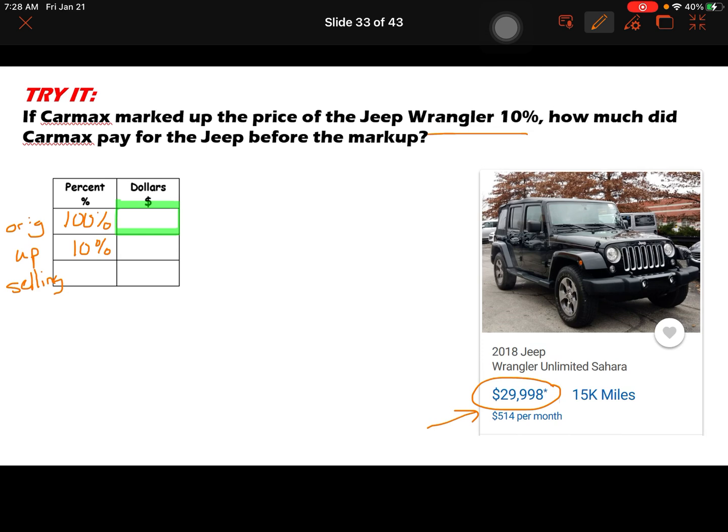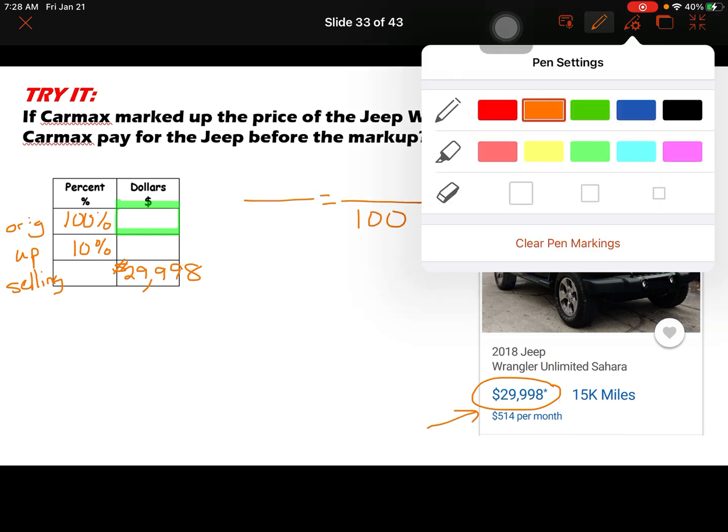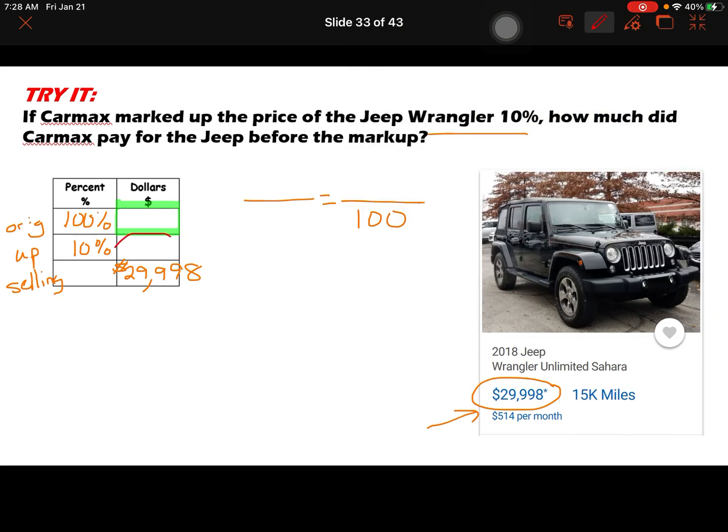Their price, as you can see here, is $29,998 for this Jeep. As we set this up, the problem is we can't use the 10% because we'd have to know the number next to it, which would be the dollars of markup, which is found off of the original, which we don't know.